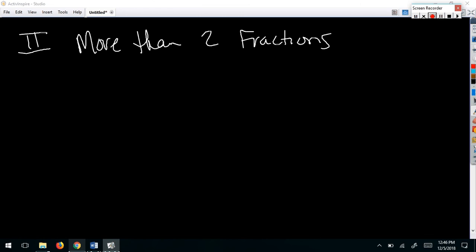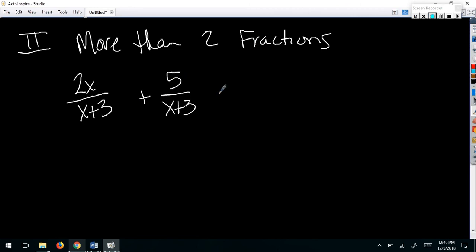More than 2 fractions. All right? Here's what we're going to do, and I want you to think about something for just a minute. If you have a scenario that looks like this, do you notice that every single denominator in this equation is the same?